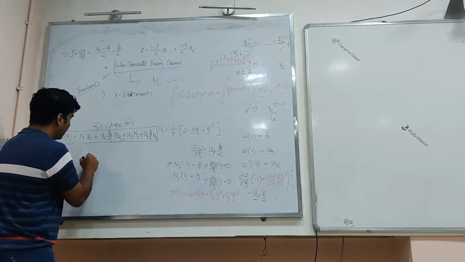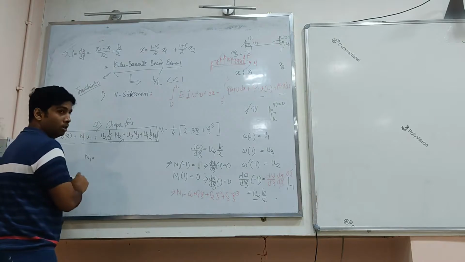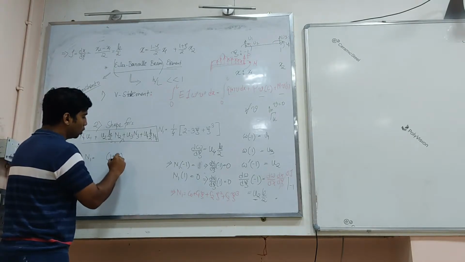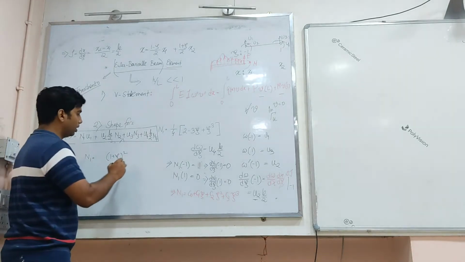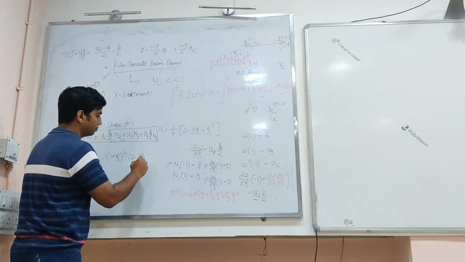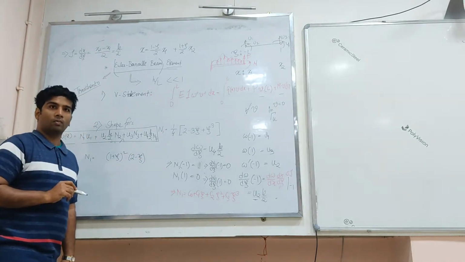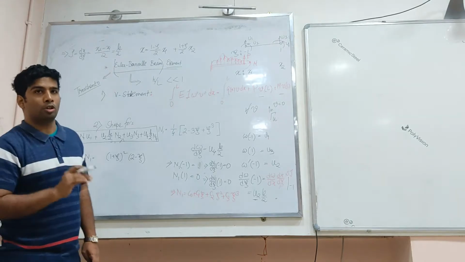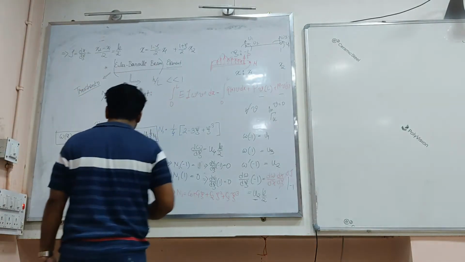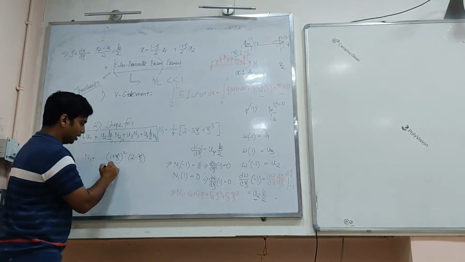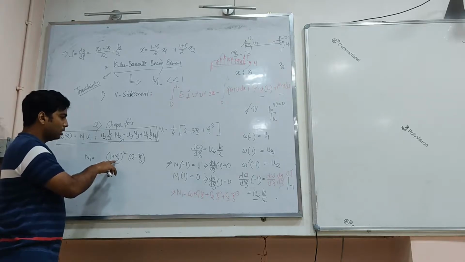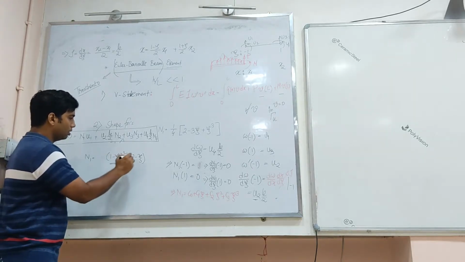Now look, if I write N1 equals 1 plus Xi whole squared times 2 minus Xi. Now you question, where do I get this expression from? Now this part is obvious. Sorry, I made a mistake.